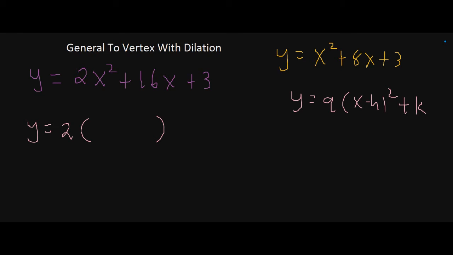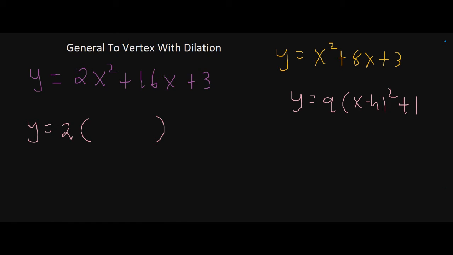We only want to pull out the variable, that's an a, in this case it's a 2, only from the first 2 terms, because in vertex form we purposefully want the number on the end to be left alone, because it's going to tell us whether we went up or down when we get our equation. So we actually don't want to mess with the last term.